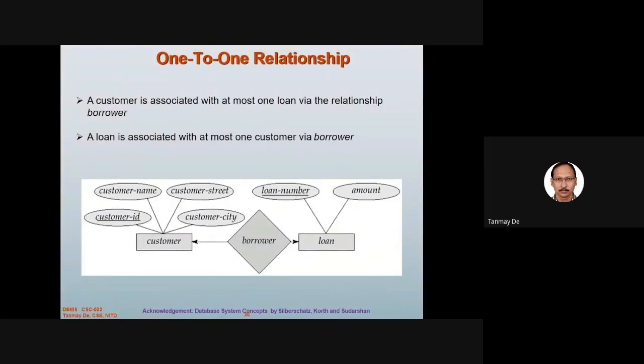So this is one, and this side is also one. That is, it is a 1-to-1 relationship. That is, borrower is a 1-to-1 relationship, or the cardinality constraint is 1-to-1. And what is the meaning of that? The customer is associated with at most one loan via the relationship borrower, and the loan is associated with at most one customer via the borrower relationship set.